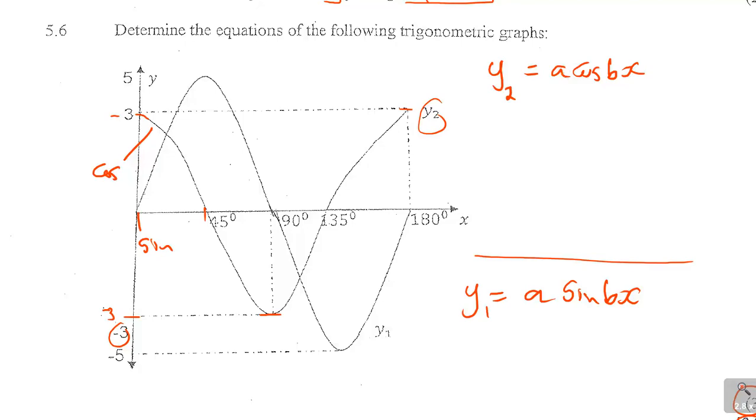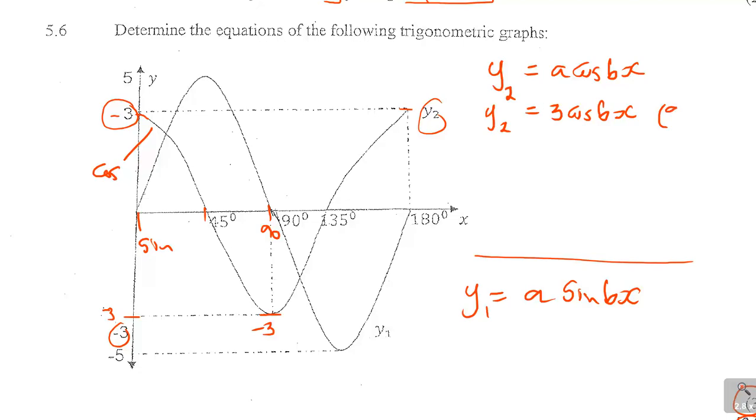The a is the amplitude, or where the graph is turning. You can see that here it is turning at 3. So it is equal to 3 cos. Now I need to find b. So y2 is equal to 3 cos bx. I need to find a coordinate that I can use so that I can get b. One coordinate I can use is this one: this is 90 and this is -3.